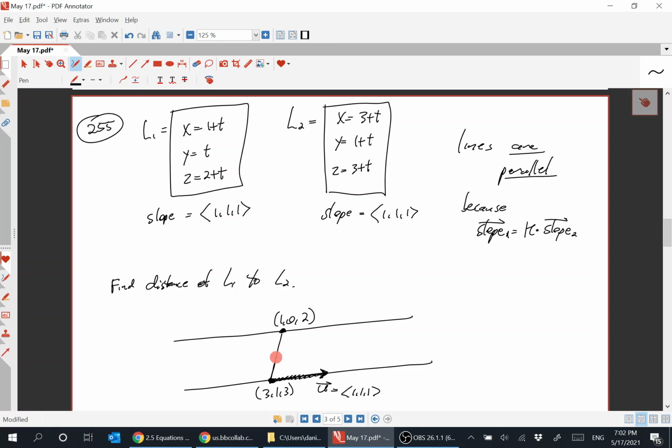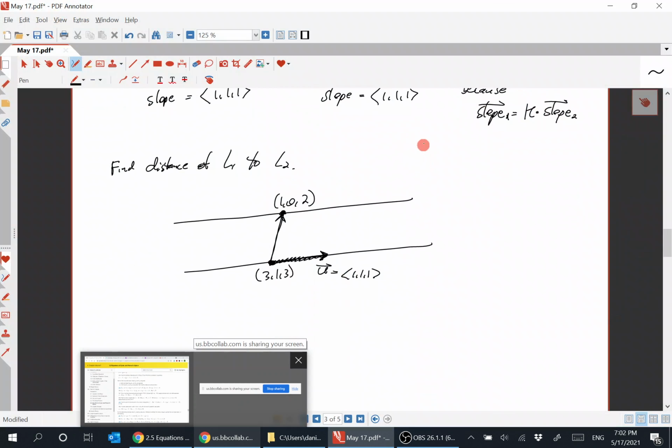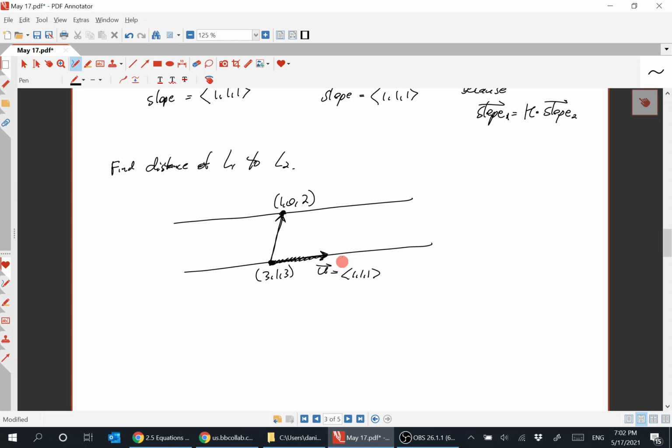So we'll call that U. And then I've got this vector from here to here, which is 1 minus 3 is minus 2, 0 minus 1 is minus 1, 2 minus 3 is minus 1.